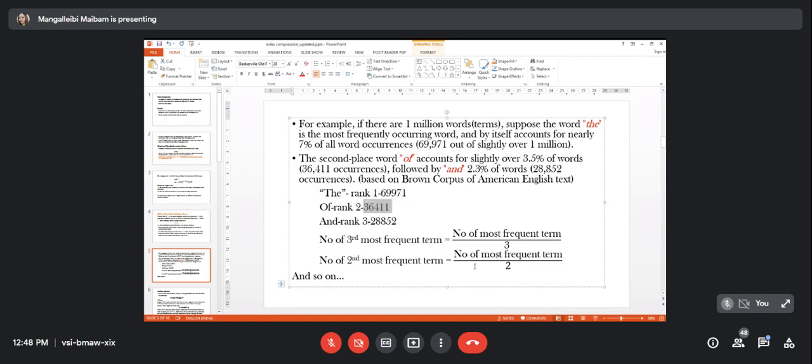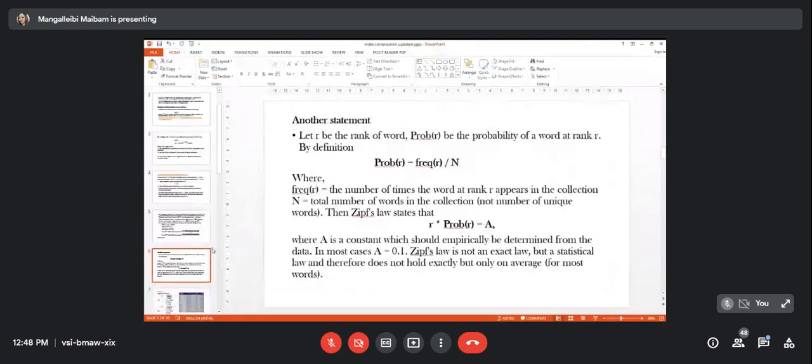So this is how we find the second most frequent term. If we know the first most frequent term, all other values can be calculated. So this is Zipf's law. We have another statement for Zipf's law.